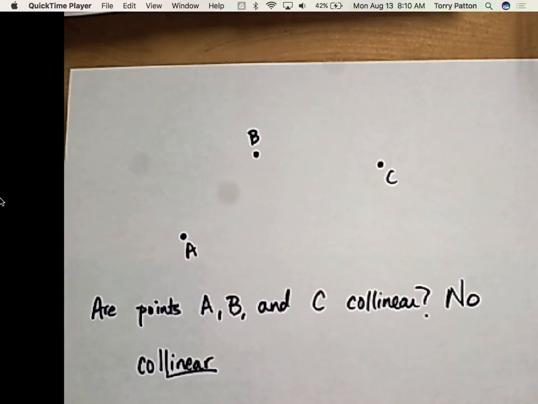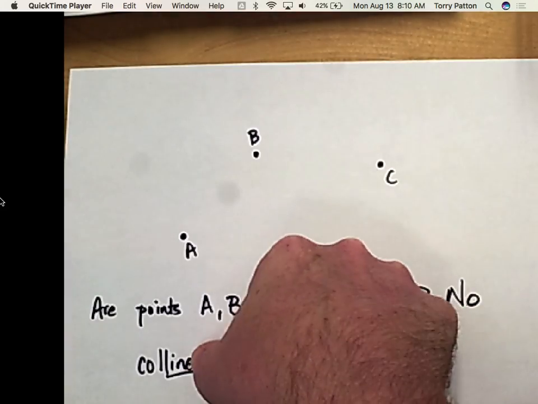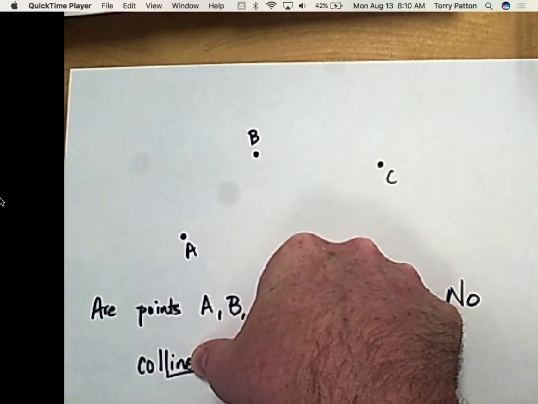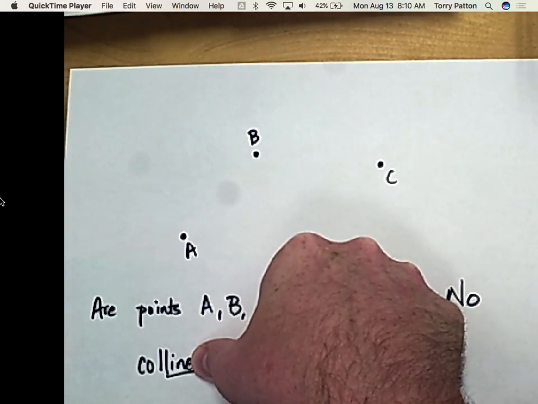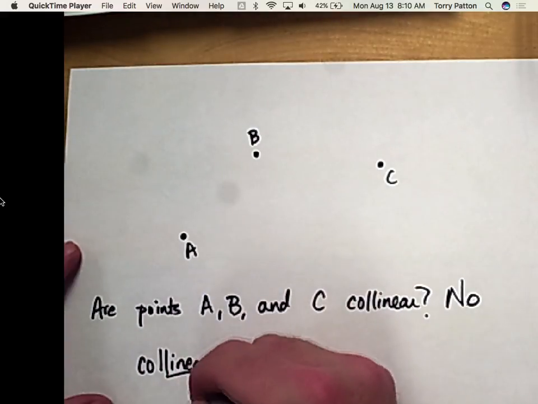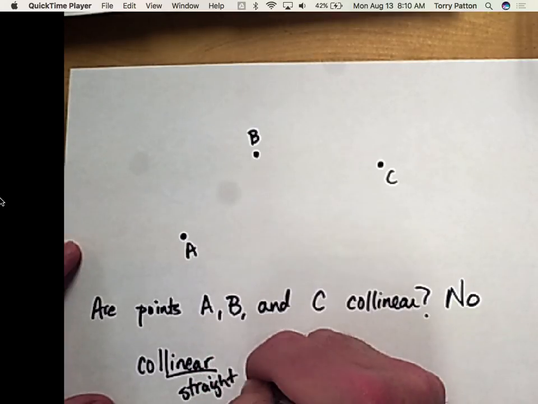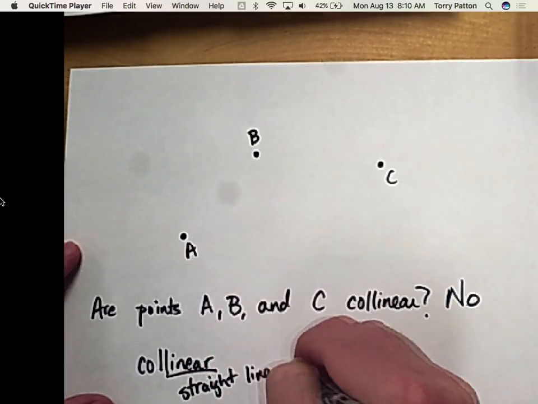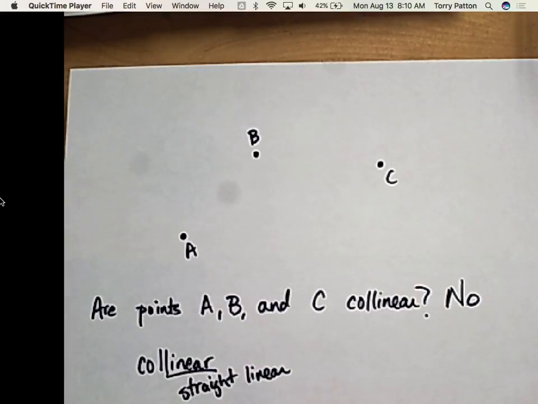Come on, y'all. The word linear, what word does that look like? Line, okay? Linear means a straight line.